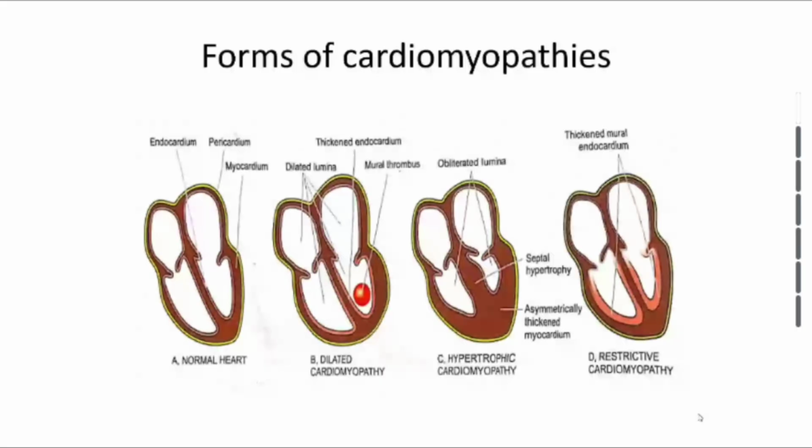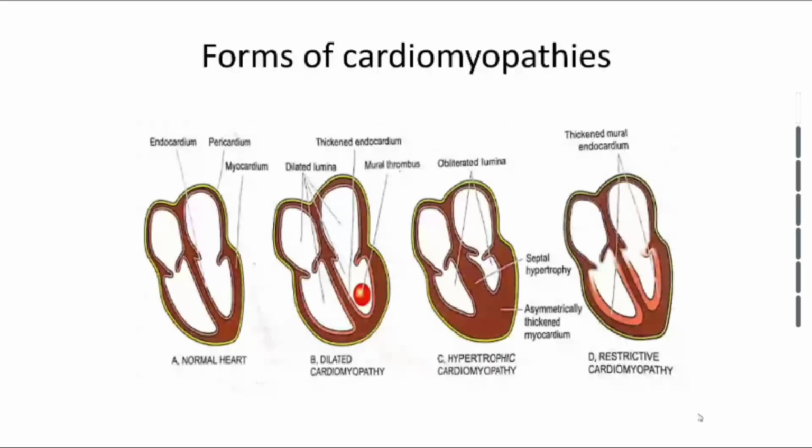Usually you will find this, but as we have said, in most cases, we can't find the cause. So you just find the heart is thickened, the myocardium is thickened, the septum is hypertrophied, and then the lumina are narrowed or obliterated. So that is hypertrophic cardiomyopathy.